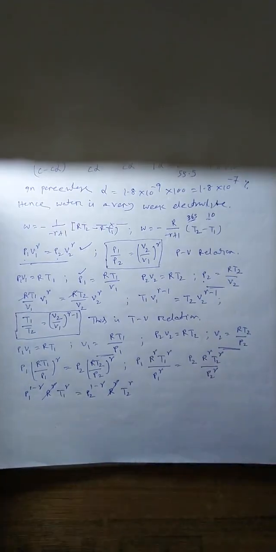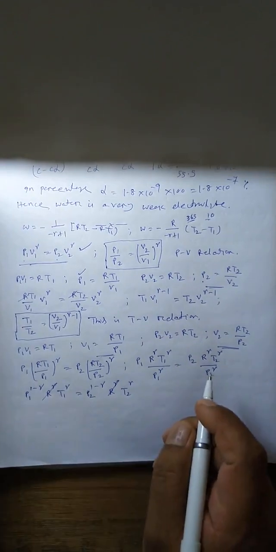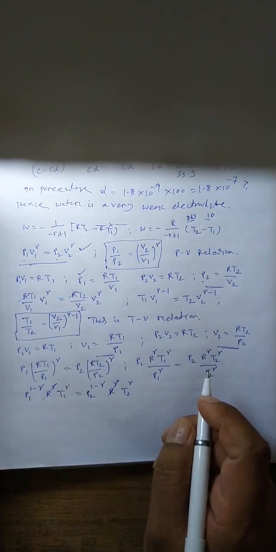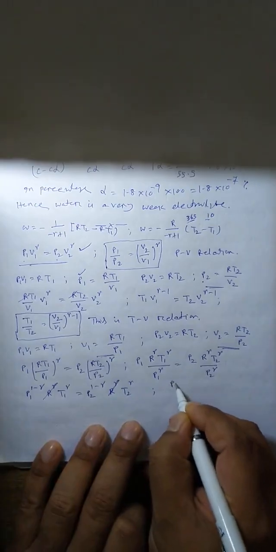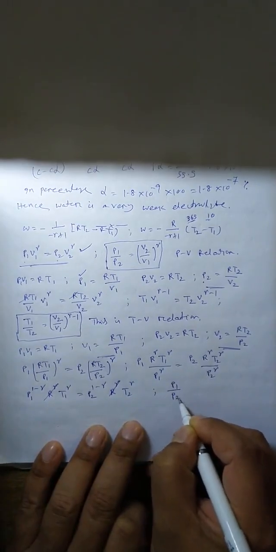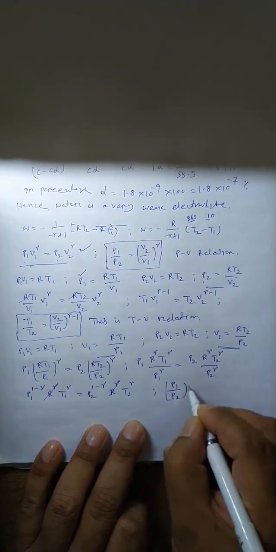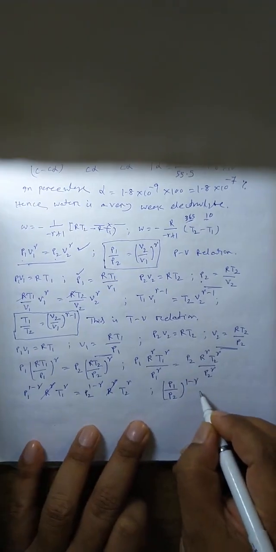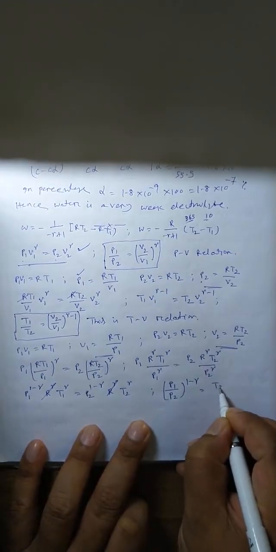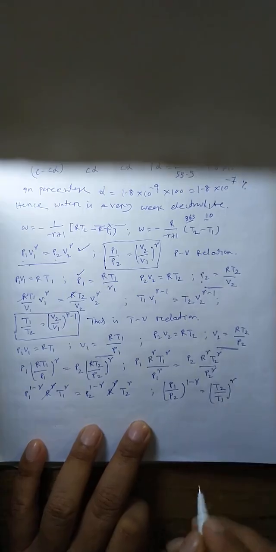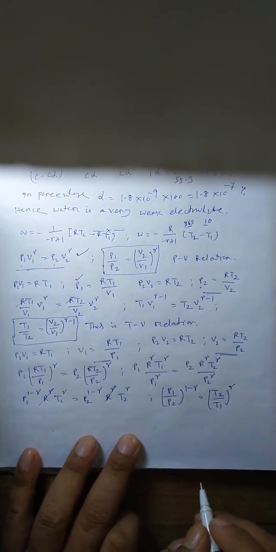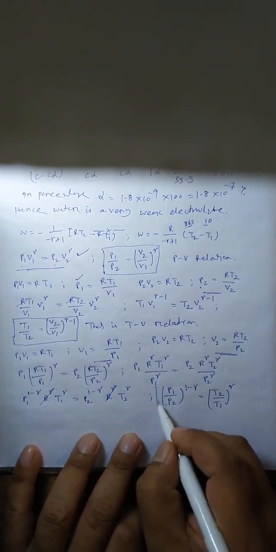So then what happens? Take pressure on one side and temperature on the other side. Then what you get? P1 by P2 to the power 1 minus gamma equals T2 by T1 to the power gamma.